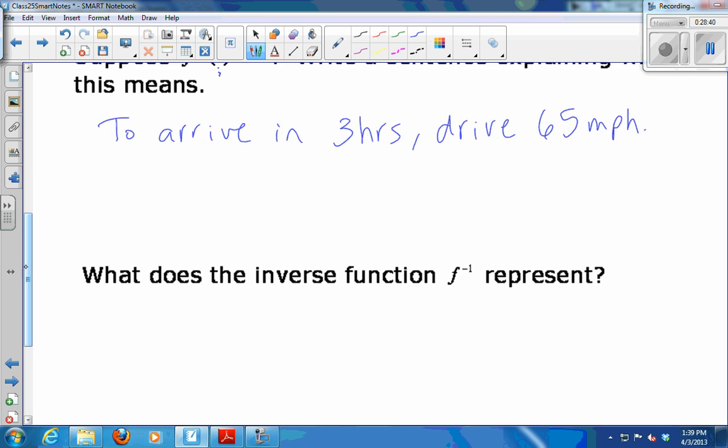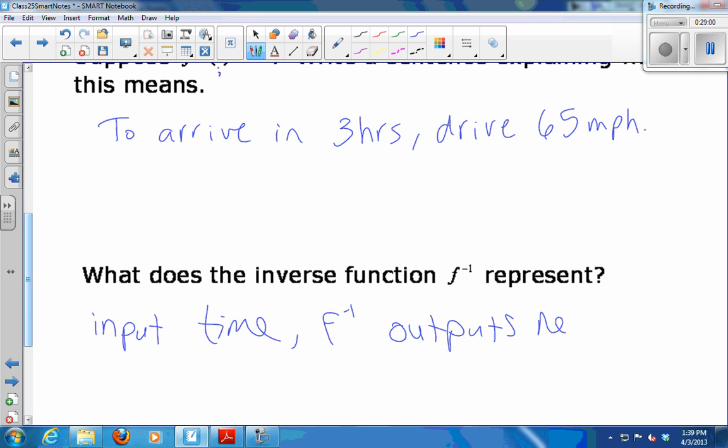So in general, F inverse tells you how fast to drive given a certain time constraint. So you input time, and F inverse outputs necessary speed.